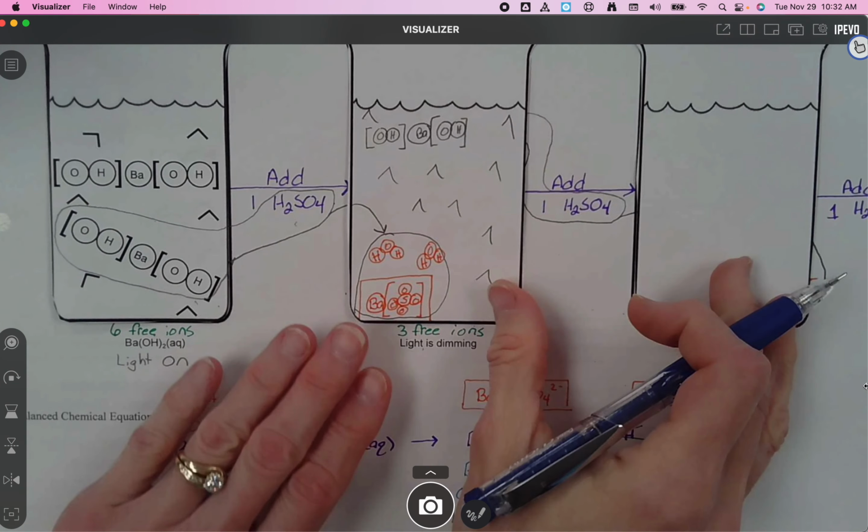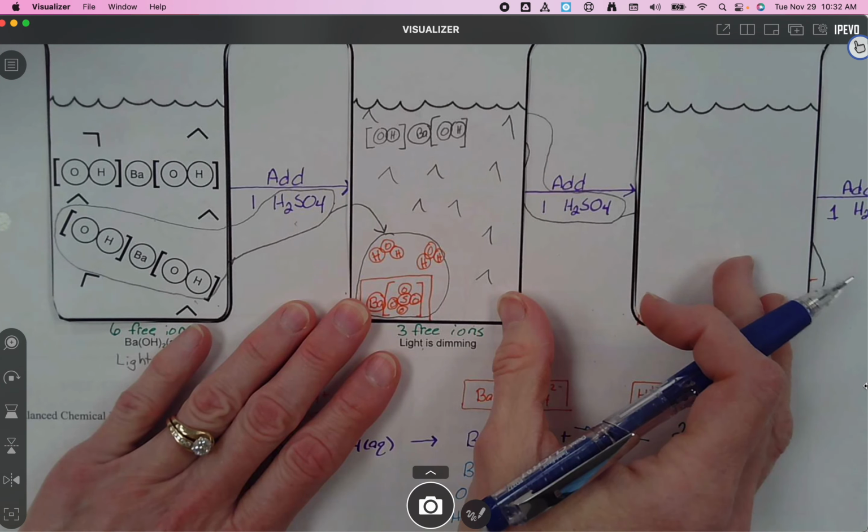And then we would point out to our chemistry rookie that we could do this again if we added some more sulfuric acid. Here's another barium hydroxide, which could react with the sulfuric acid that we just added. And we could create a second batch in addition to our first batch.